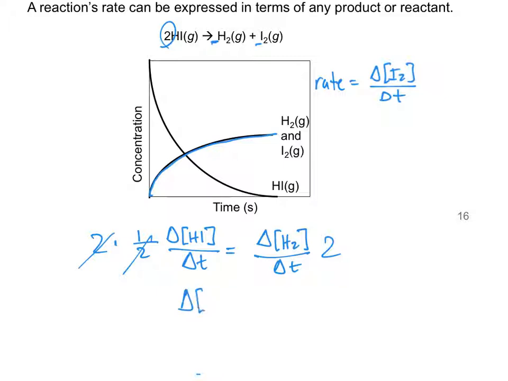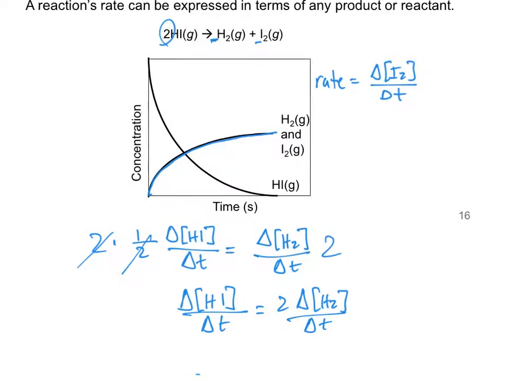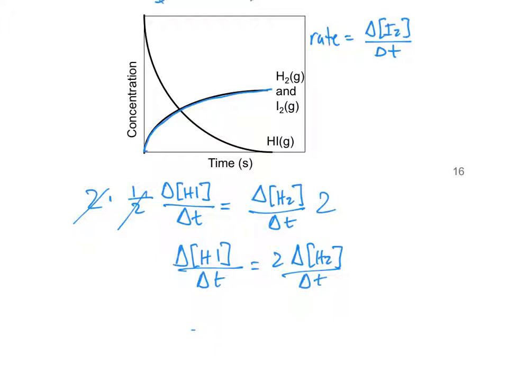And so the rate of disappearance of HI is equal to 2 times the appearance of H2 over delta T. Everyone see that? Yes? Wouldn't the 1/2 be negative? It is negative. Good point.